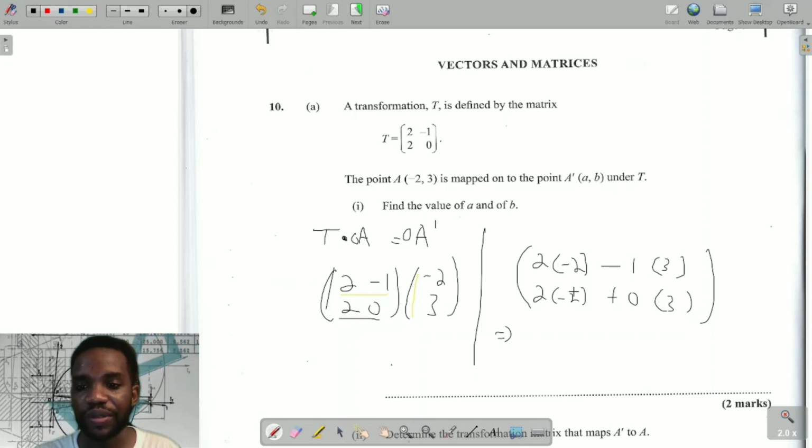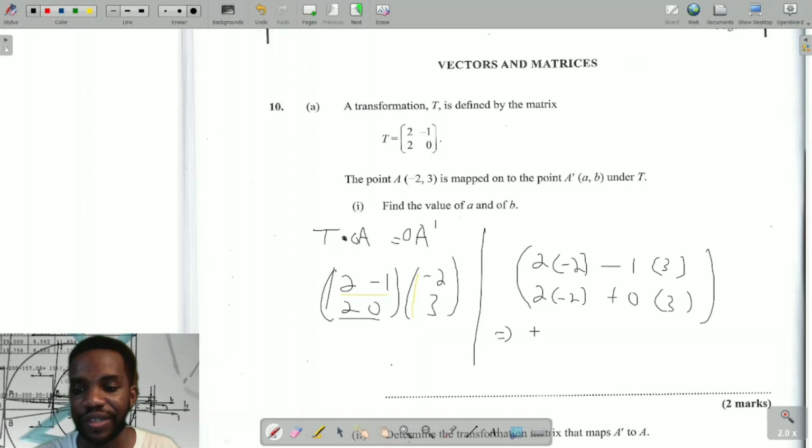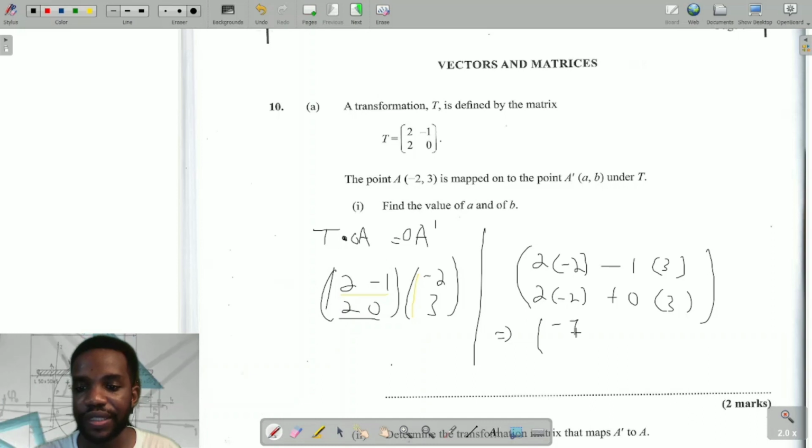Now, when I do this, what I'm going to get is OA prime, which is a position vector, which I can turn into a coordinate. You can put all this inside your calculator to save time. So you're going to have 2 times -2, minus 1 times 3. This gives me -4 minus 3, which is -7. Down here, 2 times -2 is -4, and plus 0 times anything is 0, so that's gone.